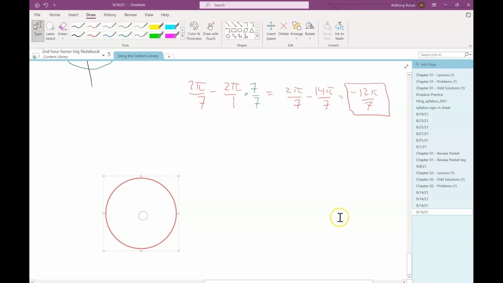Say we have some circle, and say we're looking at an angle whose vertex is at the center of the circle. This arc from A to B is S. The radius for this circle is R, so that's AC.